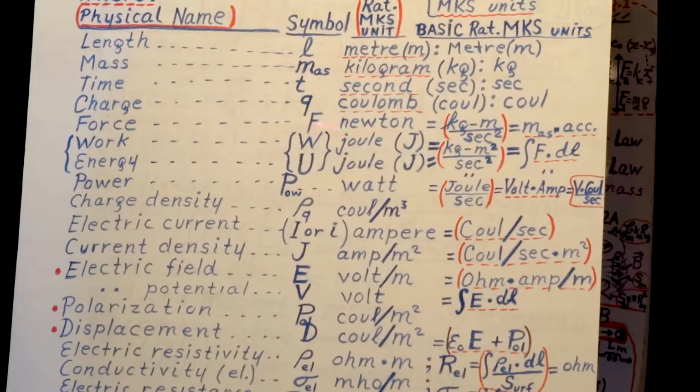So that's the definition of the force in units. It's mass times acceleration, okay? So that's called 1 Newton of force, okay?